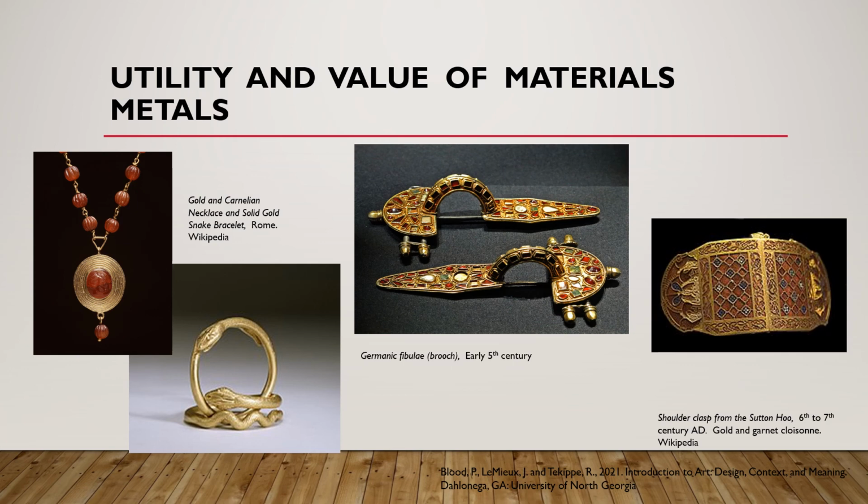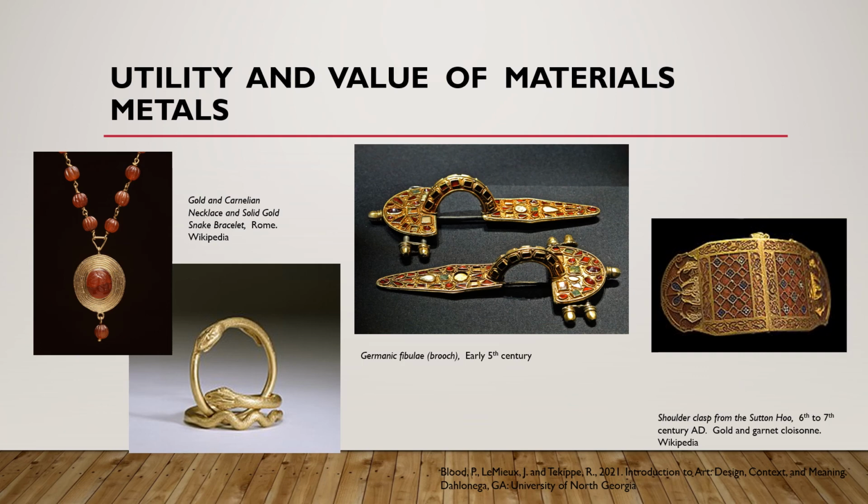Now on the far right, in the British Isles, a real huge collection of gold jewelry that came basically from invaders from the mainland was found at a place called Sutton Hoo.